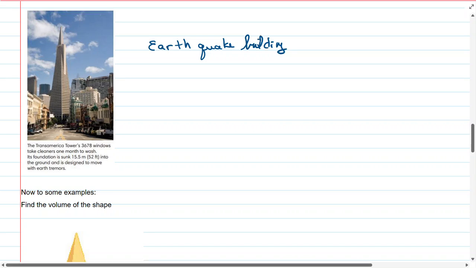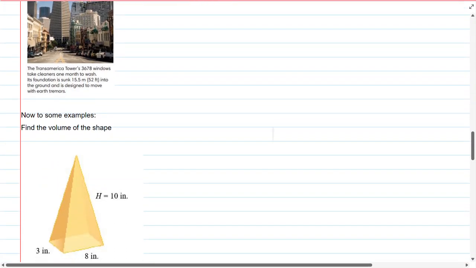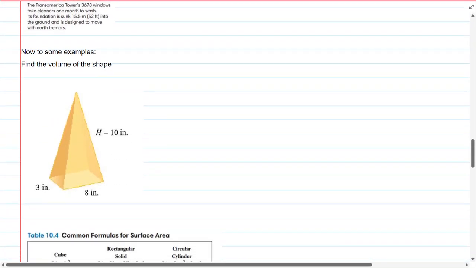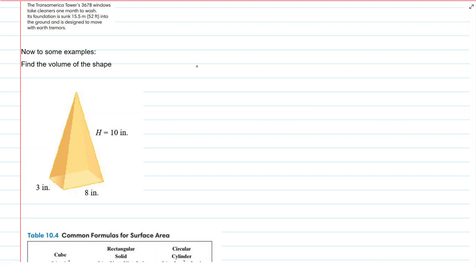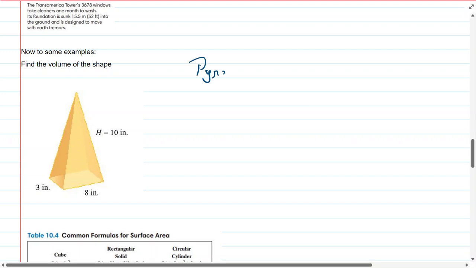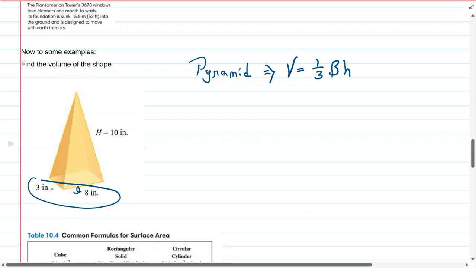So we have this example here of the volume of this shape. So we have a pyramid, and we want the volume, and we said it's 1/3 big base times height. So our base is down here as the length and the width. So the volume is 1/3 times 8 inches times 3 inches times the height is 10 inches.